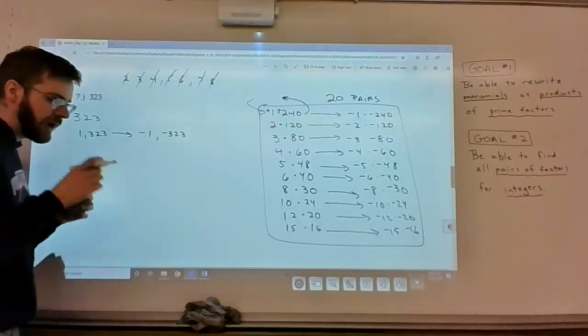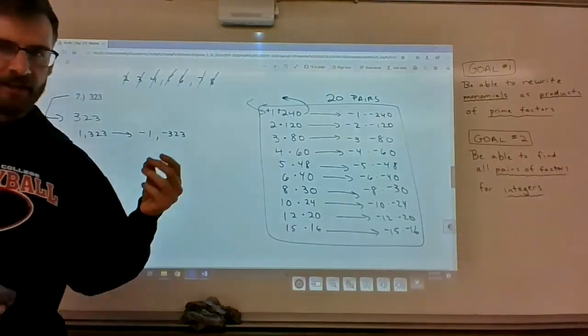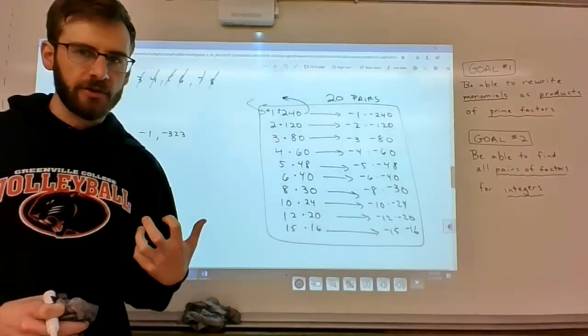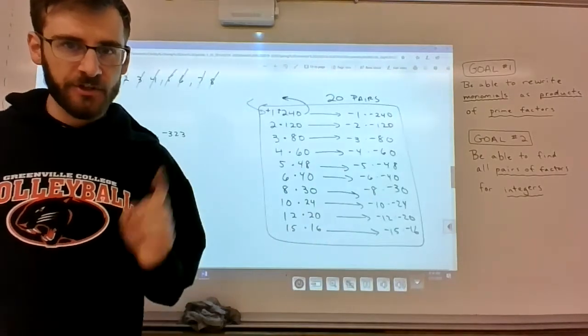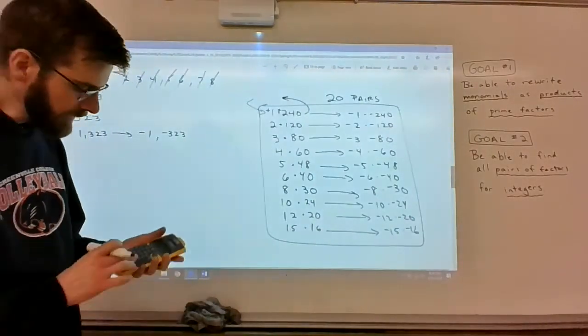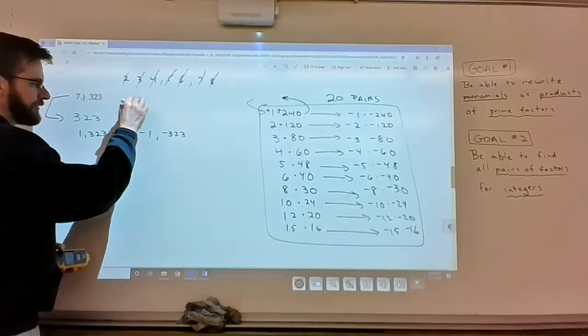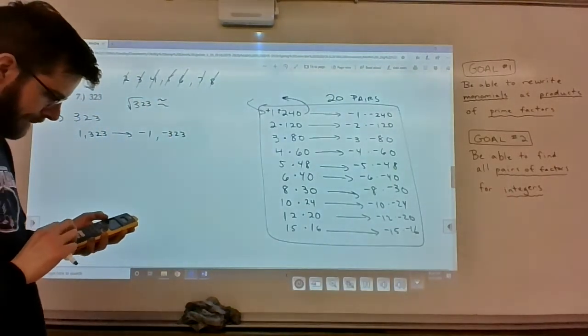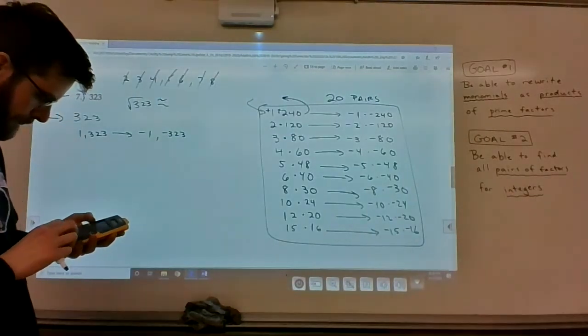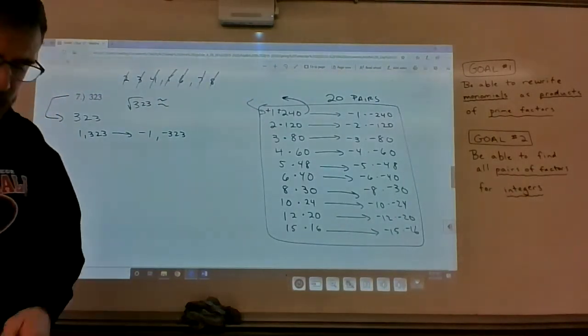The question is, what's a good way to go to the end and make sure that we're not just needlessly punching numbers in our calculator? And that's where the square root comes in. If I take the square root of 323 and check out the decimal for that, I get 17.97.